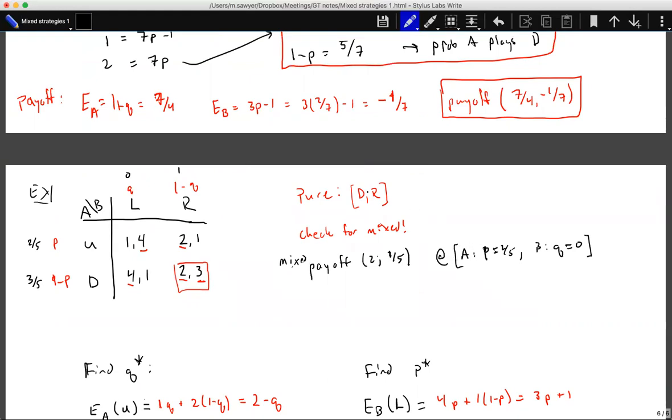But our pure strategy, A would choose down at 100 and B would choose right at 100 with payoff 2, 3. So A is getting 2 points out of this, expects 2 points out of this game, and B expects either 3 points or 1/5 of a point.